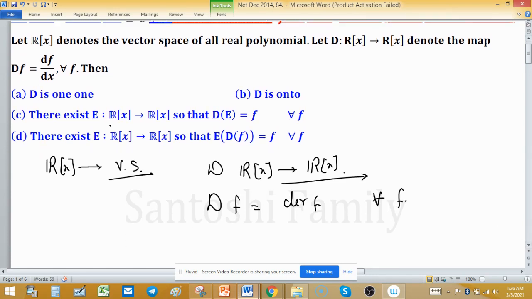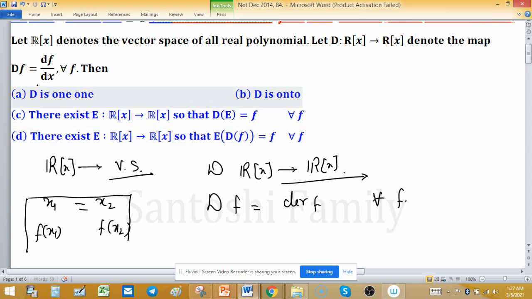Now we have to check whether D is 1-1 or not. How to check 1-1: if we have x1 and x2, then their images are f(x1) and f(x2). If these two inputs are the same, then their images must be the same. Now consider two inputs, x1 is 2 and x2 is 3.